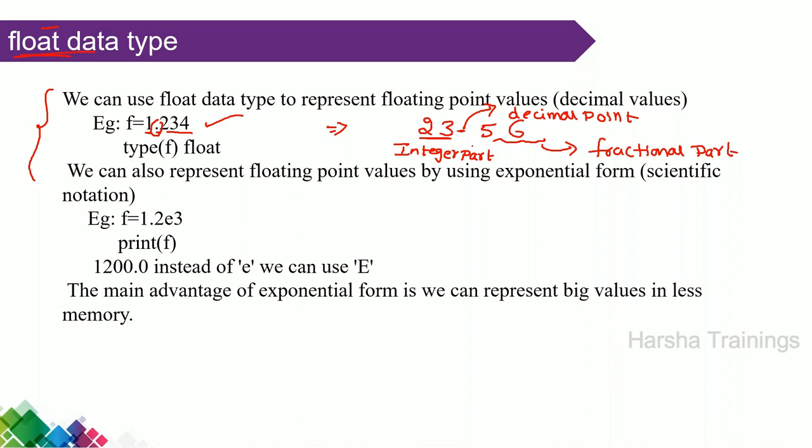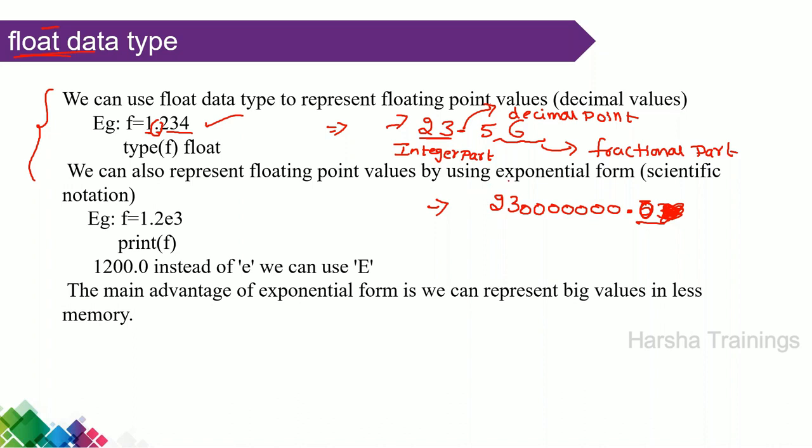For example, if you have very small numbers, it is very easy to represent. Assume my number is 23 followed by many zeros, point some 53, whatever it is. It is somewhat difficult to represent such a number.